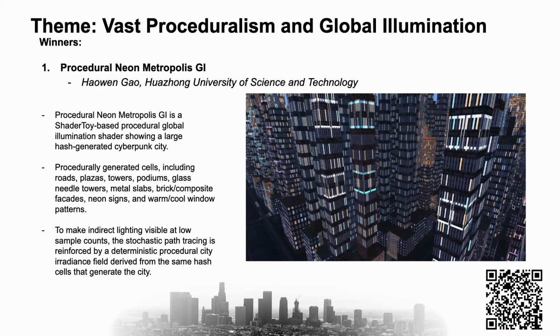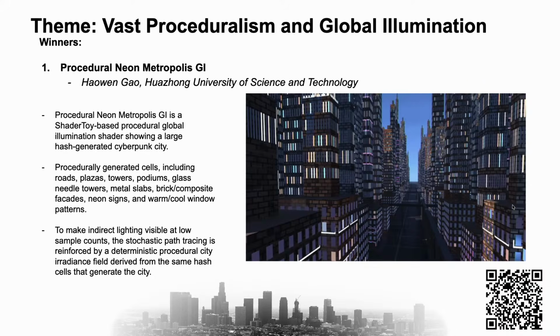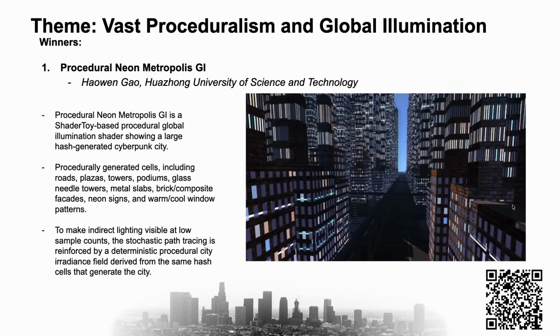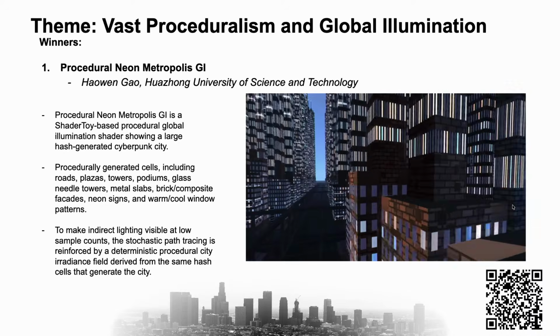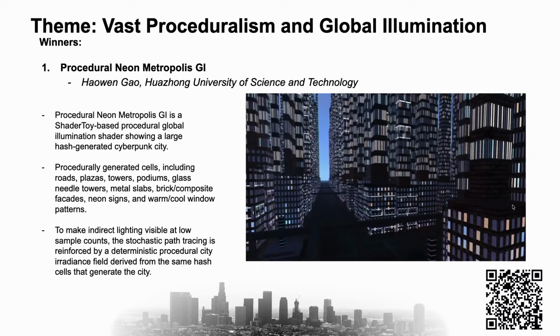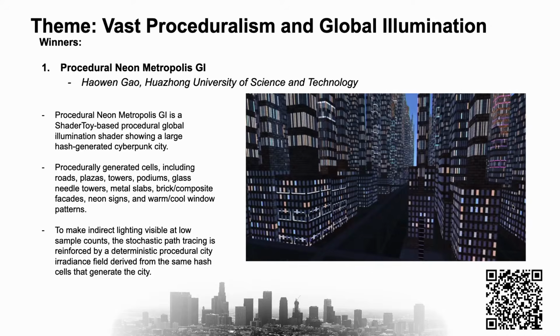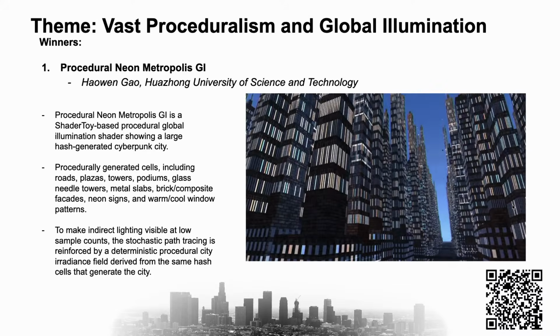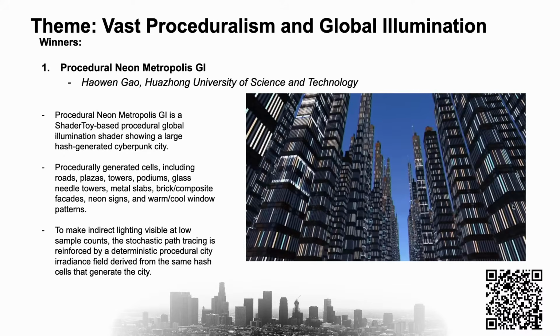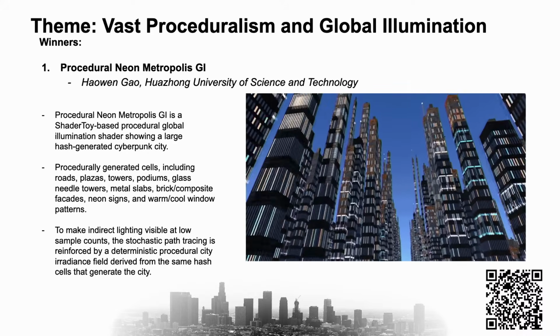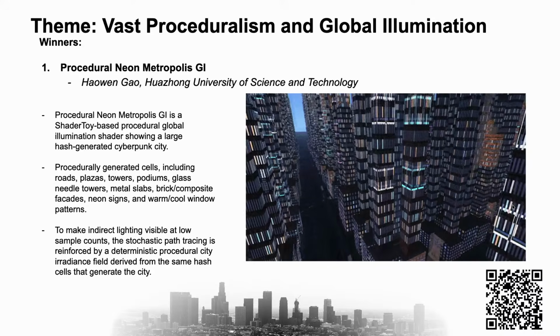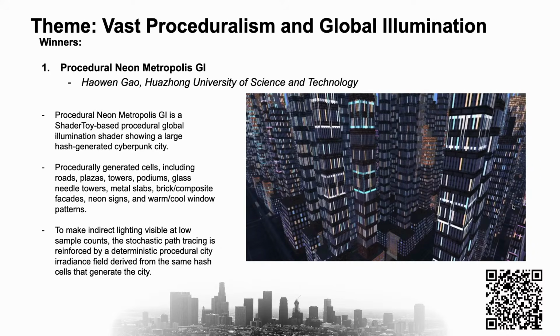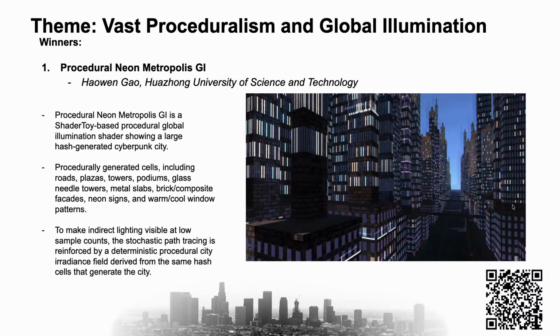It implements procedurally generated cells for roads, plazas, towers, podiums, glass needle towers, metal slabs, and multiple different patterns as you explore. And for the indirect lighting, the global illumination part of it, there's stochastic path tracing involved, reinforced by a deterministic procedural city.